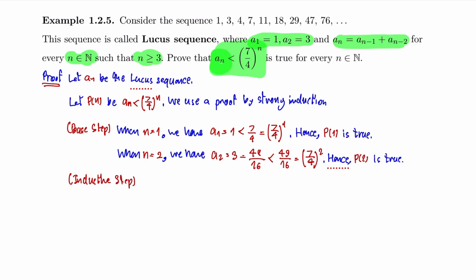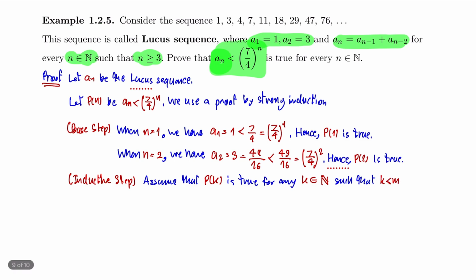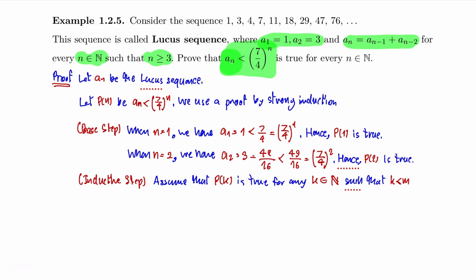What can we do with the inductive step? We have to assume that P(k) is true for any positive integer k such that k is less than m, and m is greater than or equal to 3.